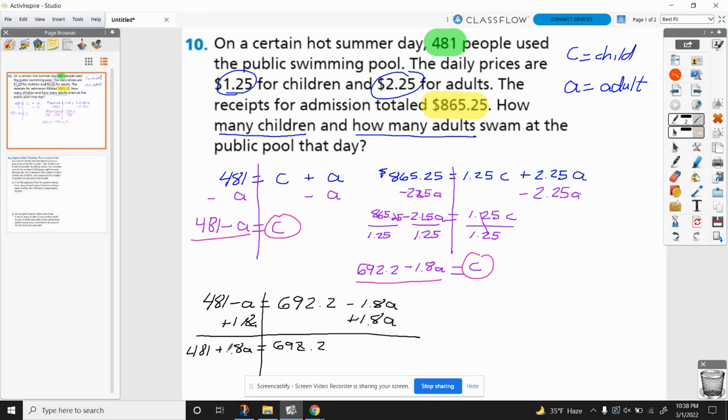And then, of course, we subtract the 481. We get 211.2. And if we divide that by 0.8, we would get 264 people. So we're going to say that the adults, if I finish this, is 264.